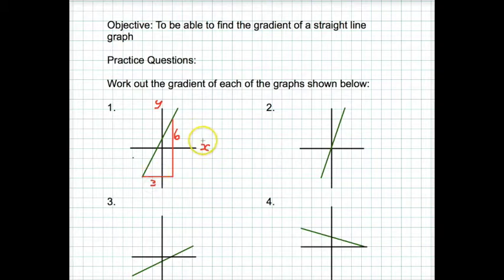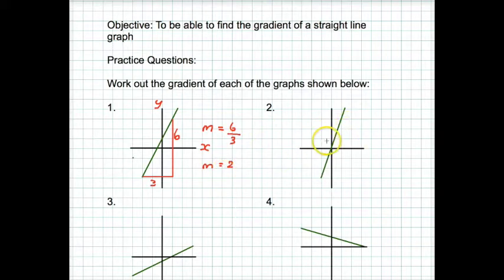To find the gradient of a straight line, we call the gradient m, we have to do the difference in y, which is 6, and we divide that by the difference in x, which is 3. 6 divided by 3 gives us a gradient for our first question of 2.